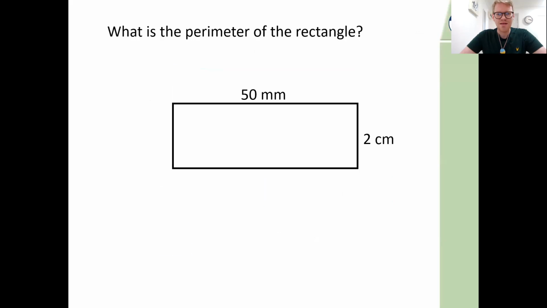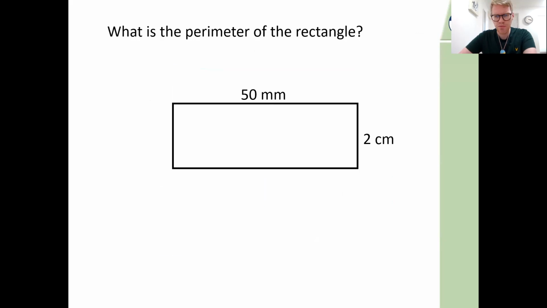Okay. So what about the perimeter of this rectangle? Now, is it 52? No, because that's only 2 sides. Well, does that mean it's 104? Can you pause the video here and have a quick discussion about why it's not 104?